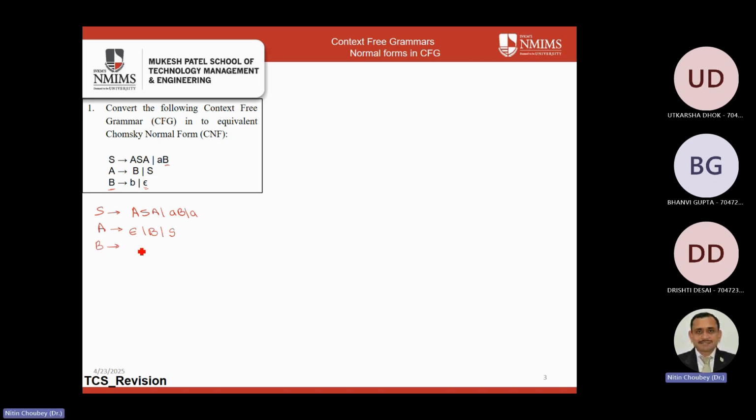Next, B gives small b, which leads to A gives epsilon as another epsilon production. So let's remove this. What we did here is remove B gives epsilon. Now we are removing A gives epsilon.